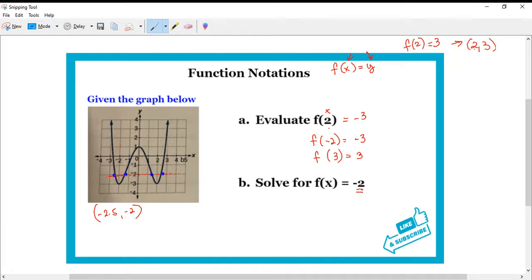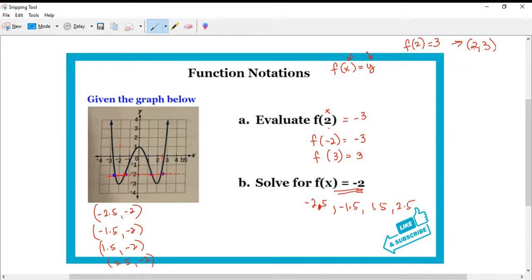The second one here, maybe that's (-1.5, -2). The third one here is (1.5, -2). And the last one is this point right here, which is approximately (2.5, -2). So when you say f of x equals negative 2, you have four answers: x equals -2.5, -1.5, 1.5, and 2.5.